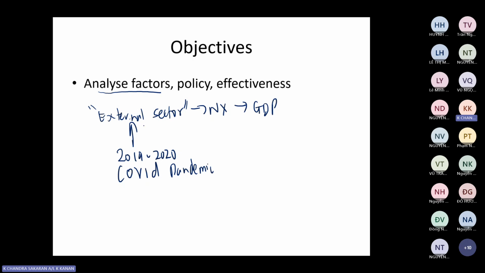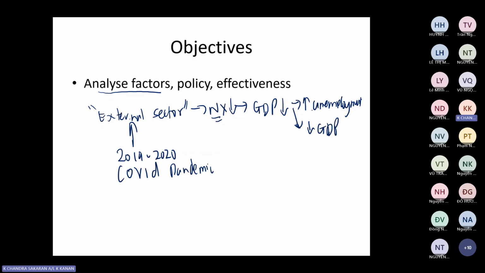All this has affected the net export. So you can find the net export dropping, the GDP falling. So what will happen is there will be an increase in unemployment and a reduction in the GDP.